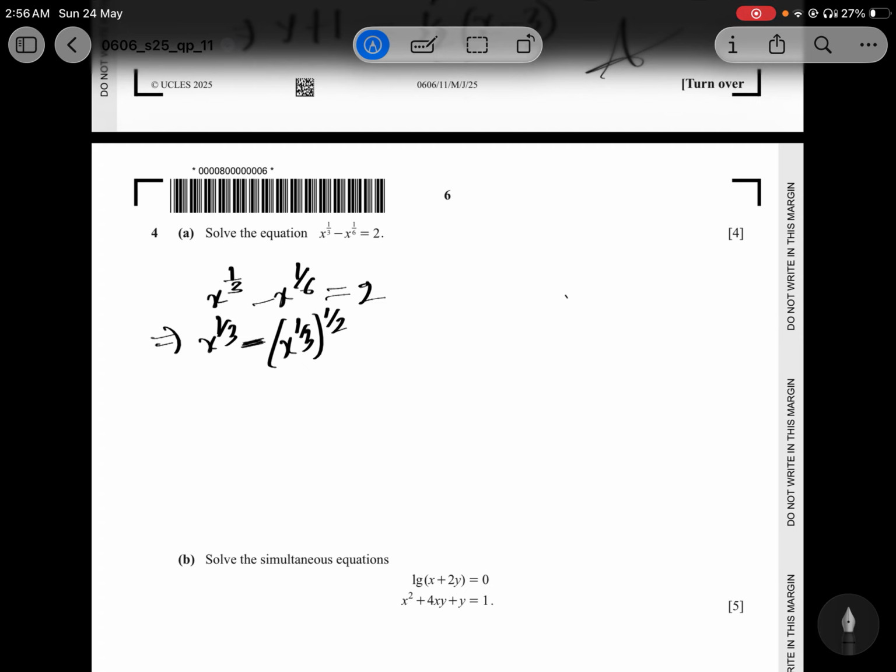Now it makes sense. 1 by 6. Now if I take this is an a, it should be root over of a.